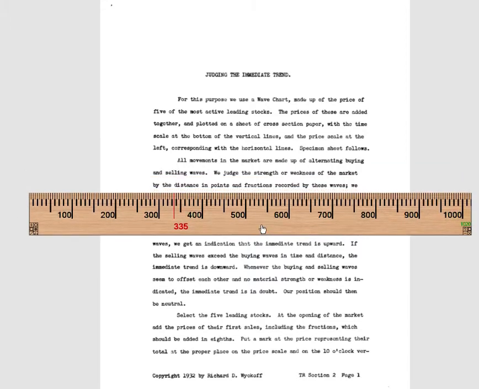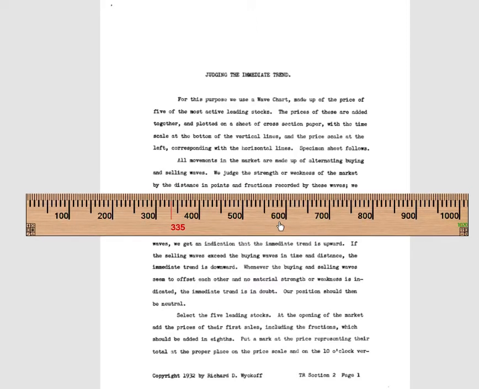We judge the strength and weakness of the market by the distance. So how do you judge the market's strength and or weakness? That's the first question. And he answers, we judge the strength and weakness of the market by the distance. It's basically the price going up. So distance in points and fractions recorded by this wave.